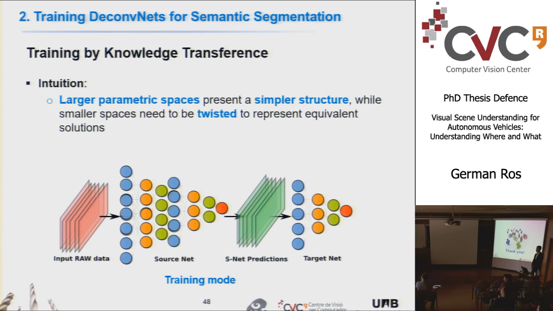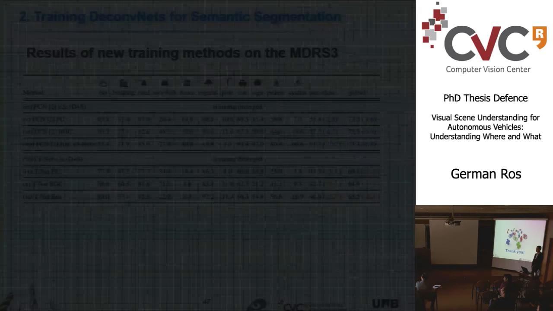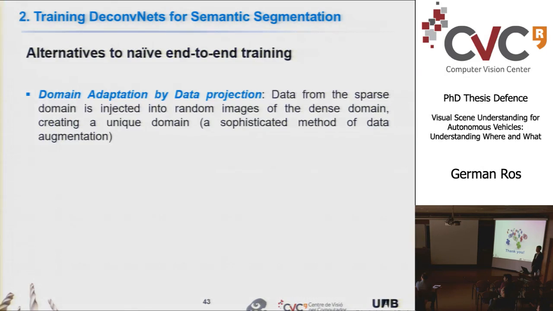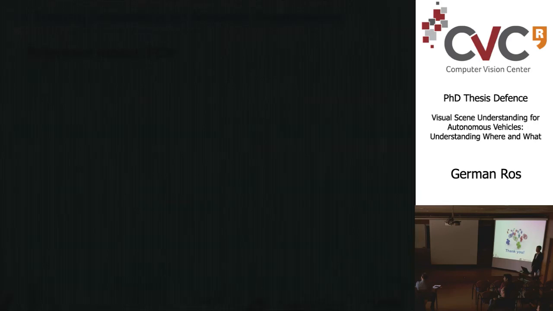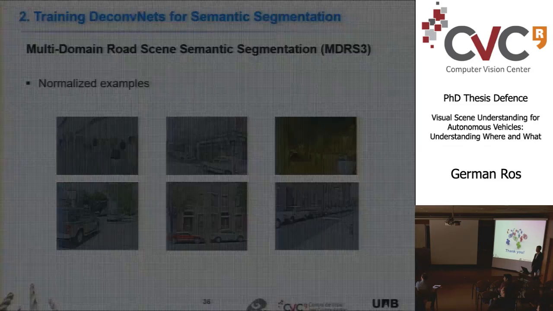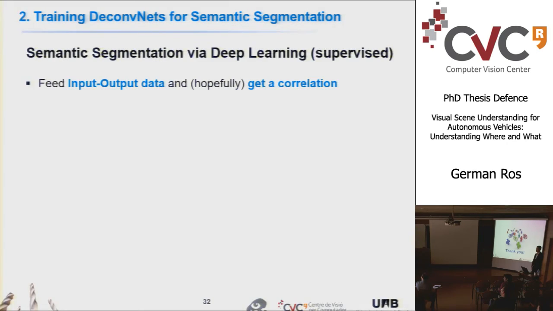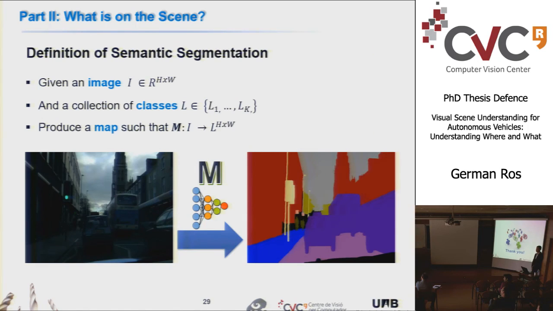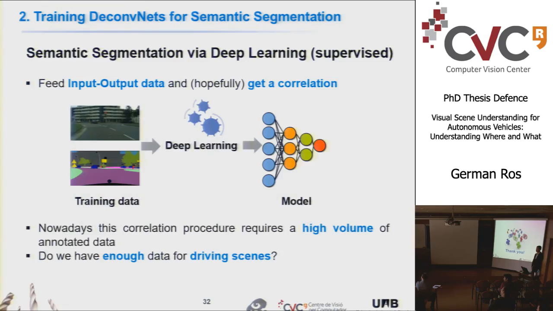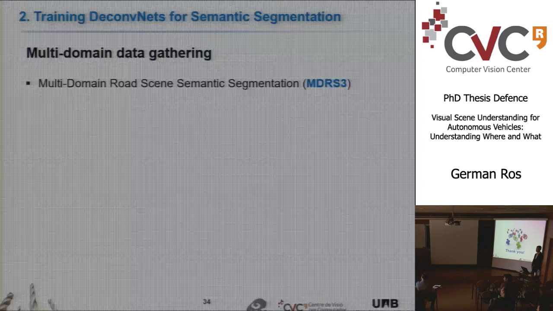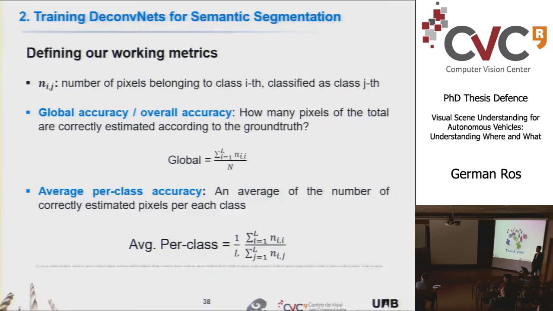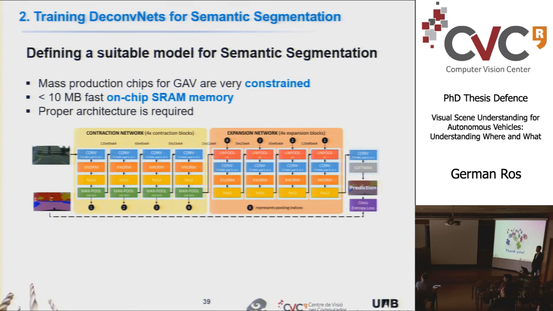Not only in the number of parameters and so on, but also in the standard definition. Let me show you. So, for example, this is a target network.